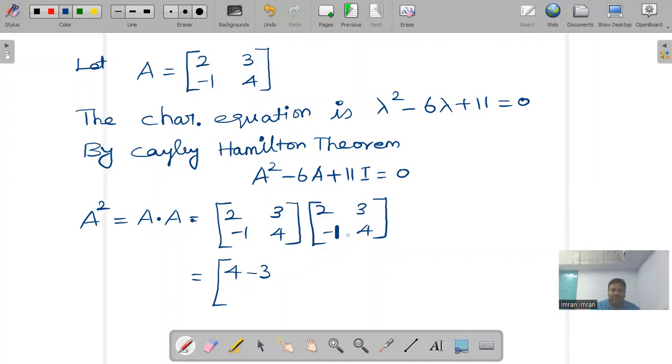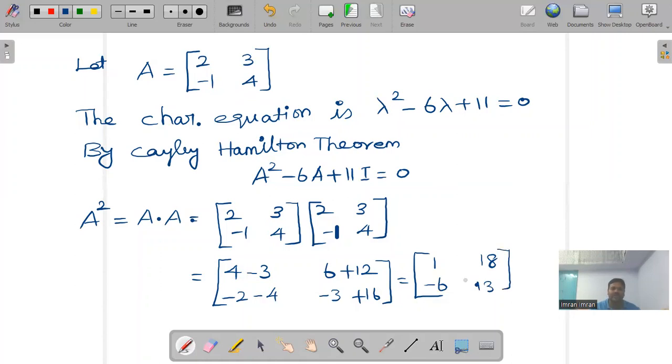First row, second column: 2 3s are 6, 3 4s are 12. Second row, first column: minus 1 into 2, minus 2, minus 1 into 4, minus 4. Second row, second column: minus 1 into 3, minus 3, 4 4s are 16, so 13. So A square is 4 minus 3, 1; 6 plus 12, 18; minus 2 minus 4, minus 6; and minus 3 plus 16, 13.